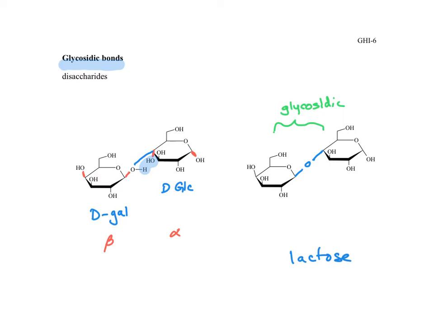Now, I do want you to know how to name these two sugars together as a disaccharide in a systematic way. And the way we do that is first name the two individual monosaccharides, D-gal and D-glc, and then we're going to do two additional things. Let's put a parentheses here, a little bit more towards the glucose.